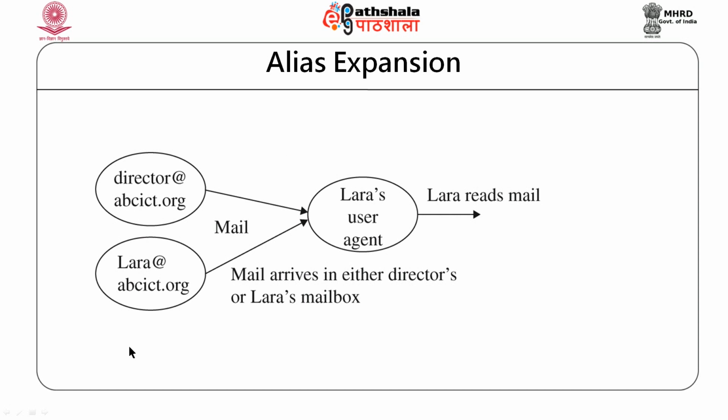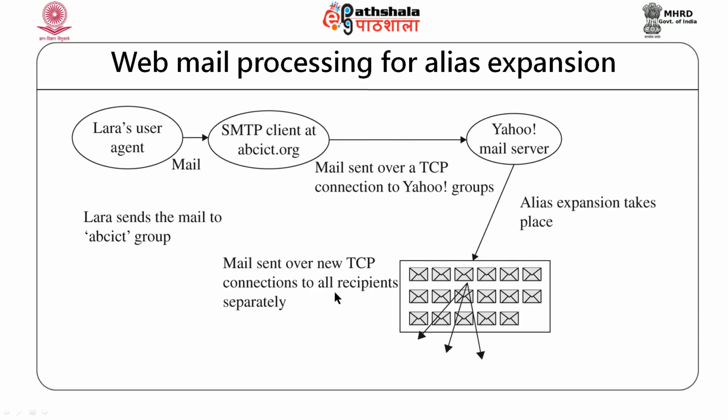At the other end, for example, Lara has two mail addresses. There is one, a director at this place, and Lara at this place. Both of them are managed by a single user agent. Again, this is an example of alias expansion. When you use mail through webmail, it is also possible.